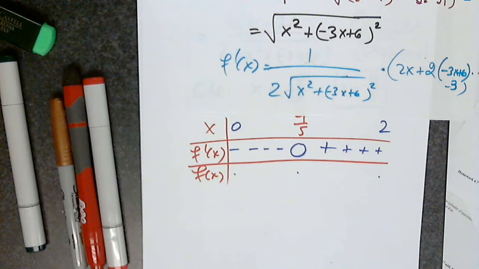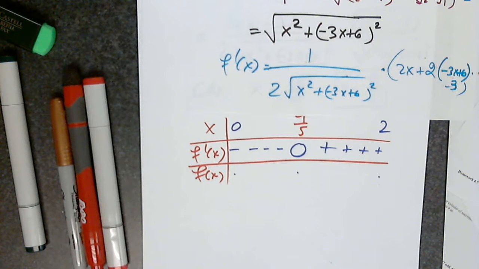So y equals the square root of x squared plus, in parentheses, negative 3x plus 6, everything squared. And I want a second table, and I want 0, 9 divided by 5, and 2.